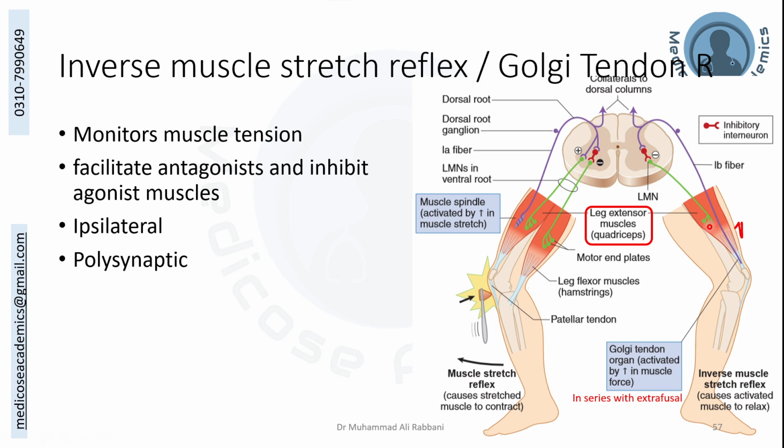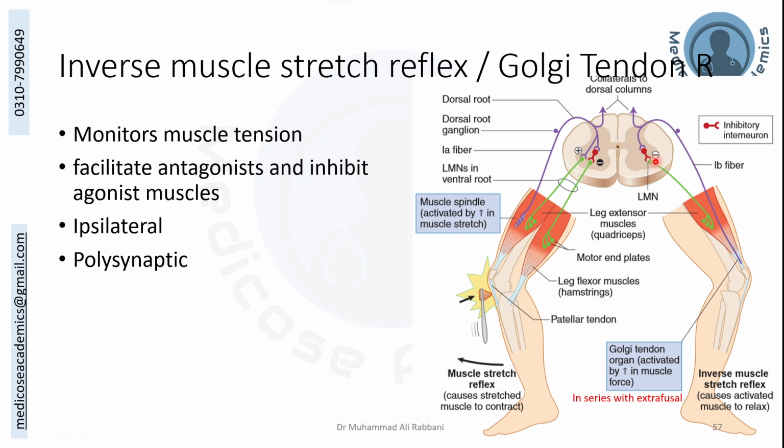That is the ultimate role. So that is the inverse muscle stretch reflex. It is inhibitory, it is ipsilateral, and it is polysynaptic because there are at least two synapses. And this is the one that leads to your muscles going relaxed.